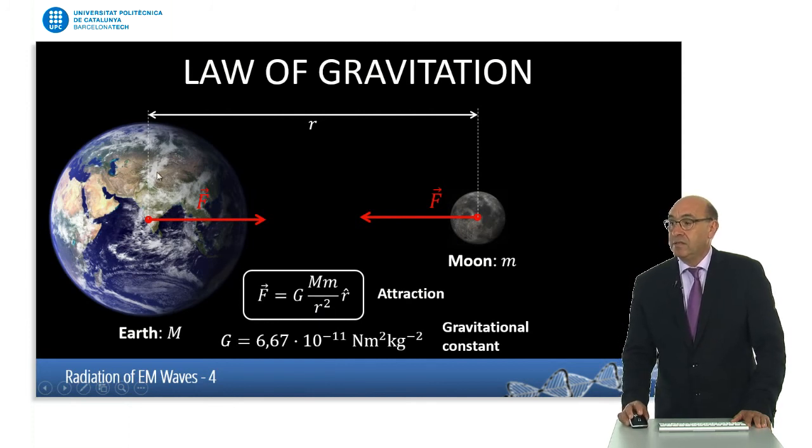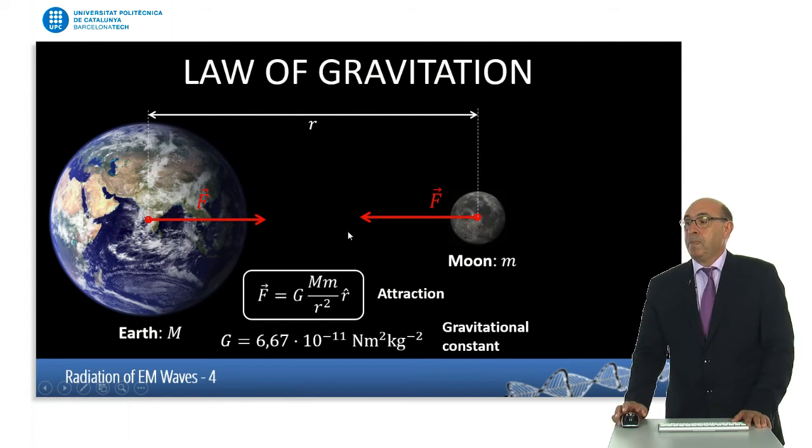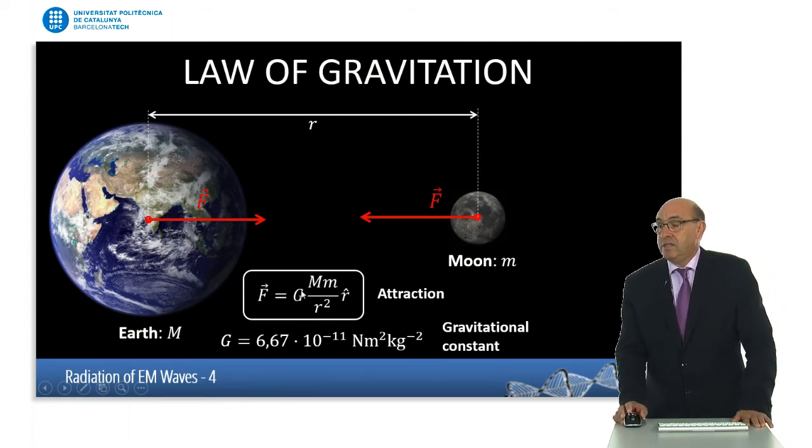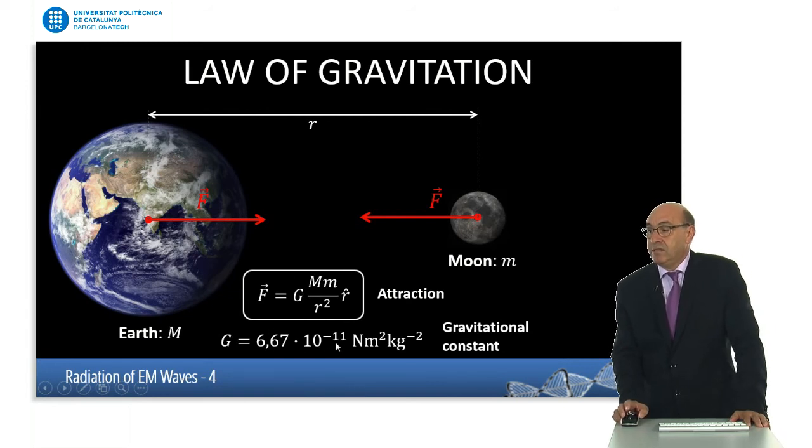In this case, R is that distance. Times a constant, which in this case is the gravitational constant, that has this number. You should also compare this number later on with the number that will appear in the electrical force case.